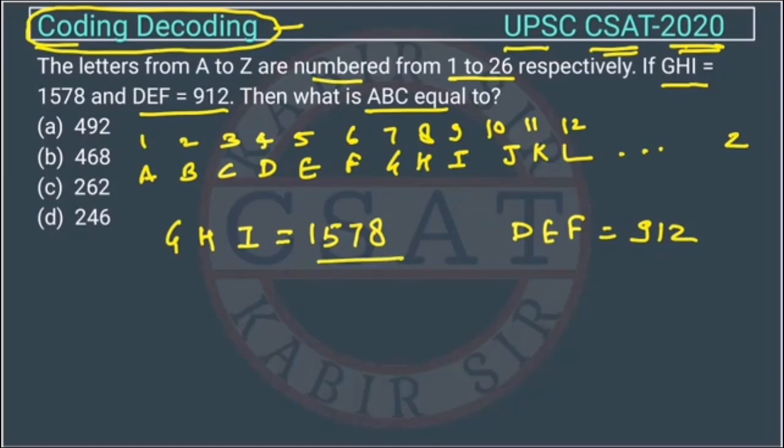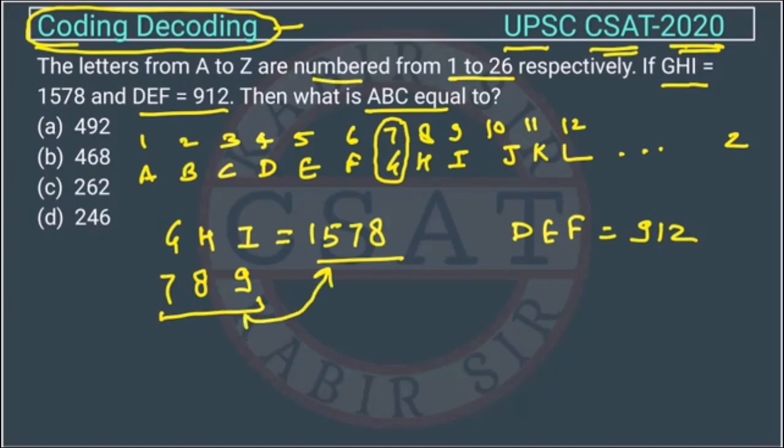So we will see what logic is used. So we know the position of G is the number at this is 7, right? So we have numbered it, they have given, and H is numbered as 8 and I is numbered as 9. So GHI should be 789 according to us, but they have given 1578. So we will see what's the relation between this and this, right?